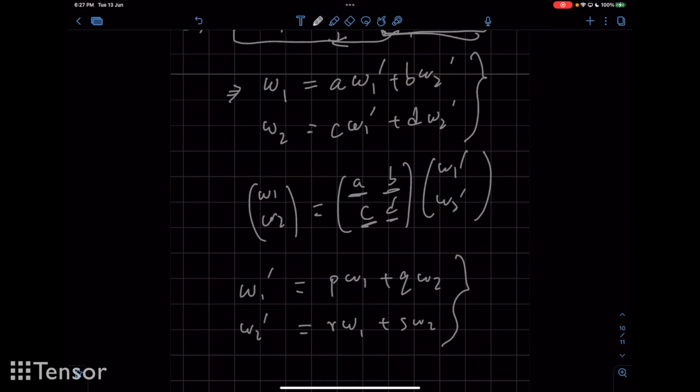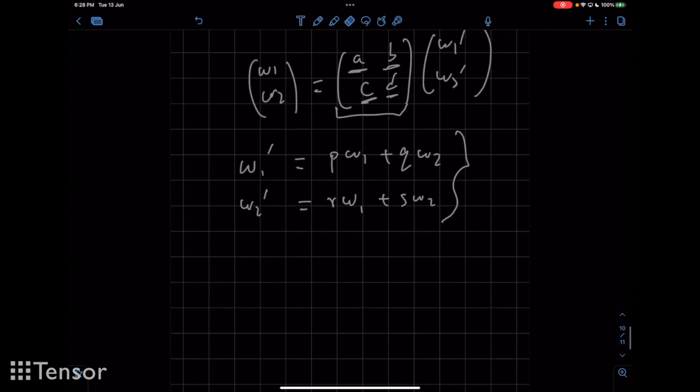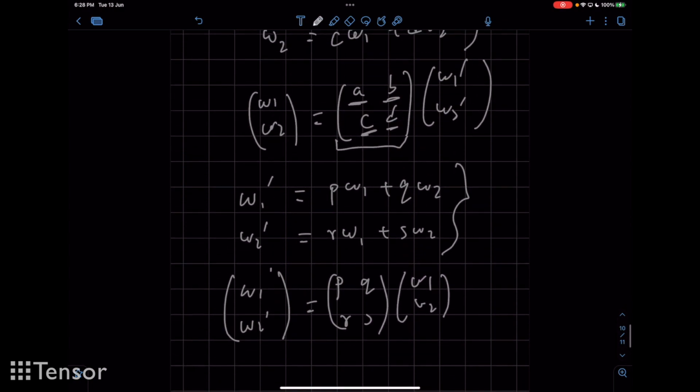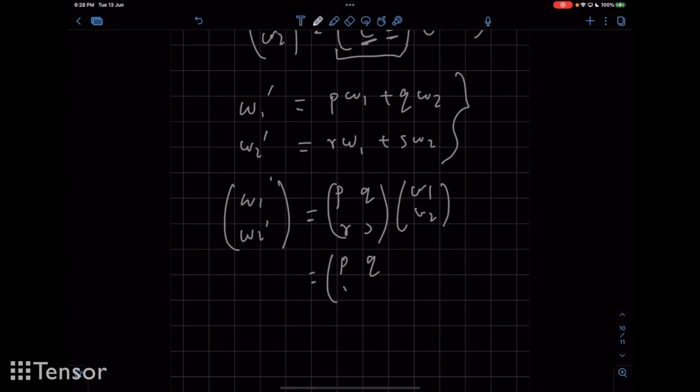We don't yet know that this matrix is invertible, but you can show that PQRS is the inverse of it. This basically means that omega 1 prime, omega 2 prime is equal to PQRS times omega 1, omega 2, and omega 1, omega 2 is equal to ABCD times omega 1 prime, omega 2 prime.